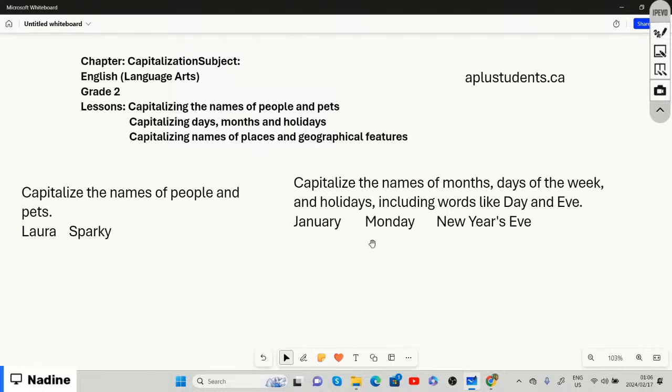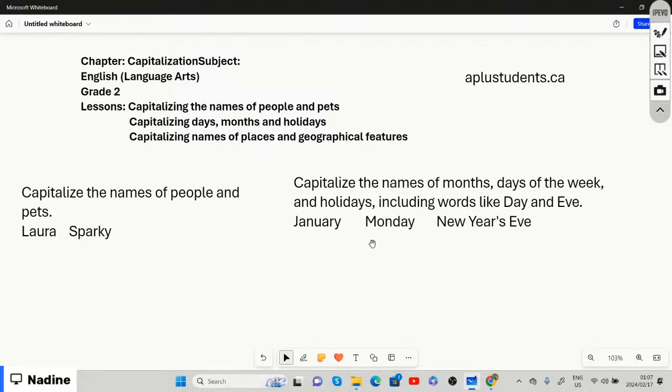All right, so we're starting with names of people as well as pets. Firstly, names of people basically start with a capital letter. If you write your name, you write it with a capital letter and not with a lowercase.